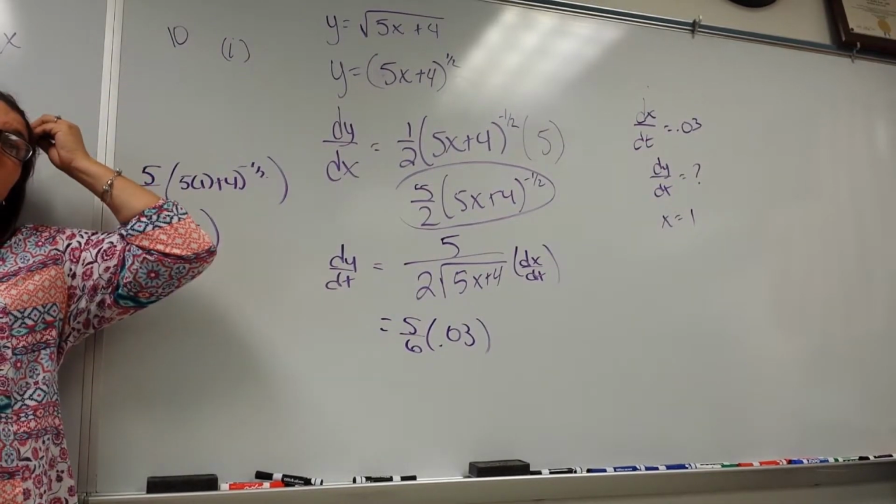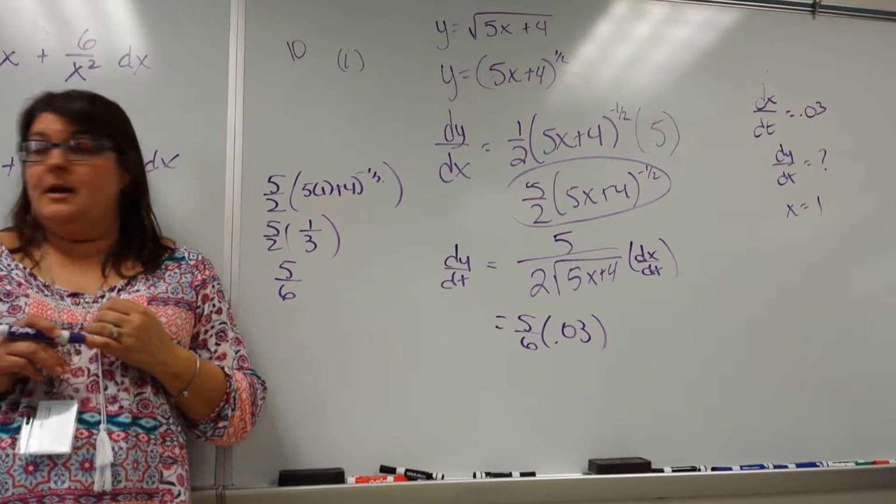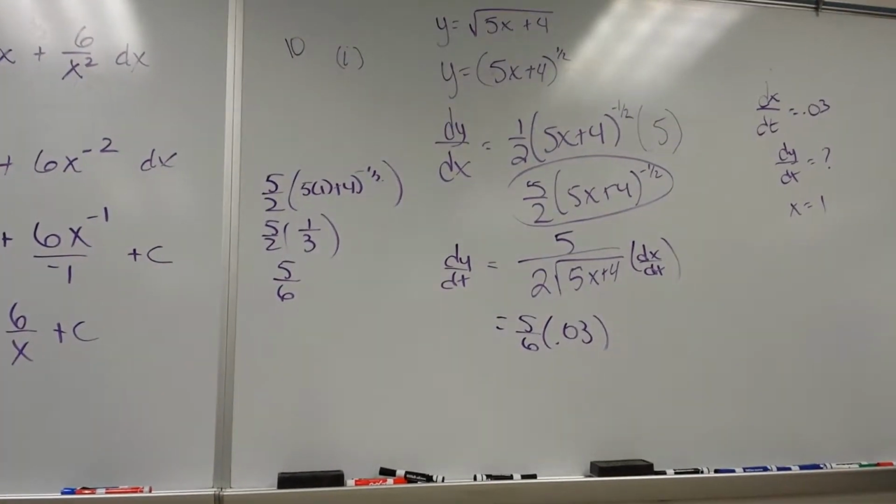Where did 0.03 come from? It came from part II, May/June 2003.